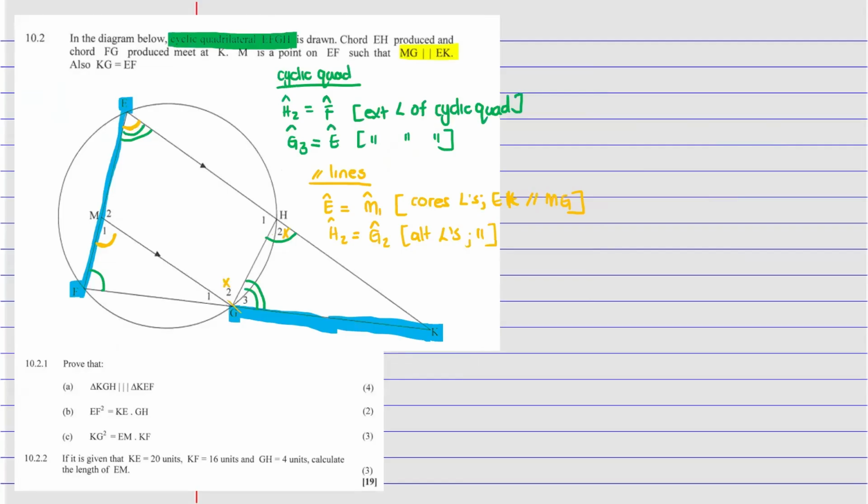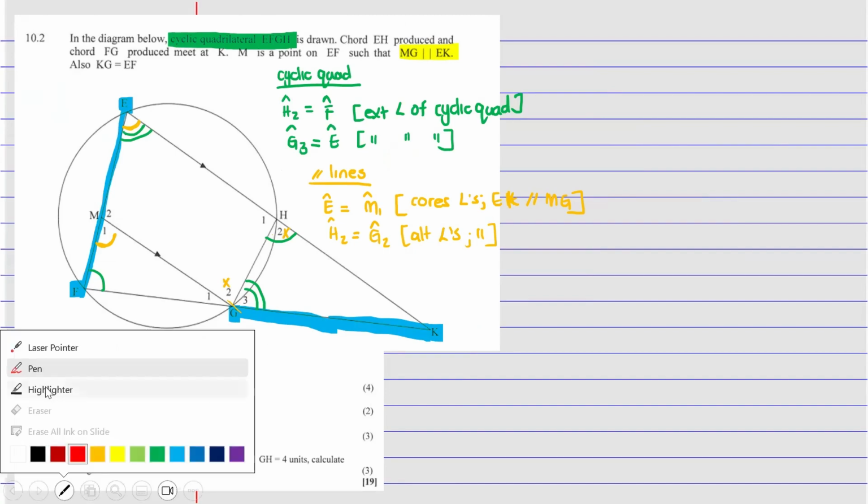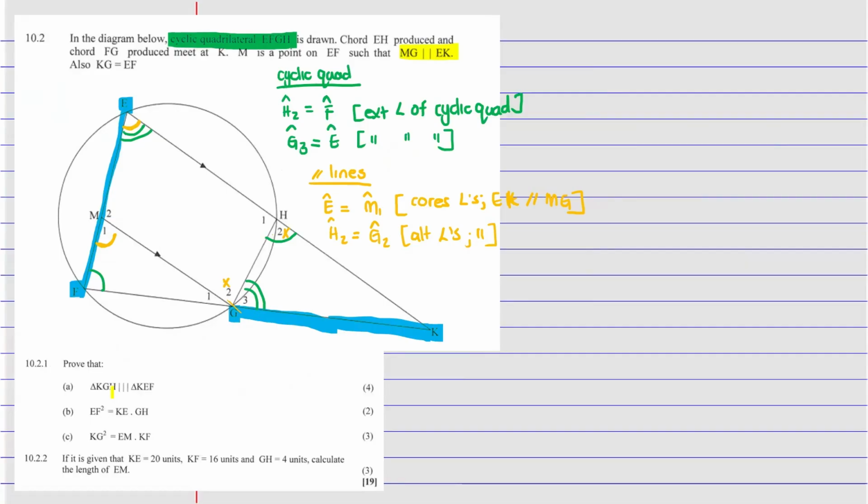So now let's answer the questions on it. The first one says we need to prove that triangle KGH is similar. Remember that when it's looking up, it means we're proving similarity to triangle KEF, right? So let's highlight both those triangles that we need to prove. Let's highlight the first triangle in yellow.